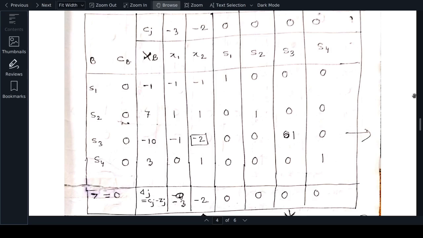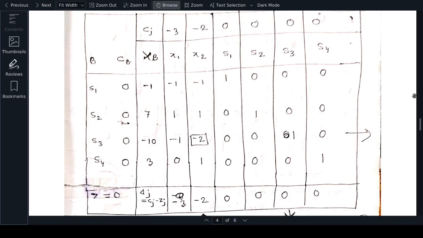So you see, is the first step clear or not? Mathematically, I have written that for the key row, the variable to leave the basis is the minimum xbi such that xbi is negative. So -1 and -10, -10 is minimum, so this is our key row.